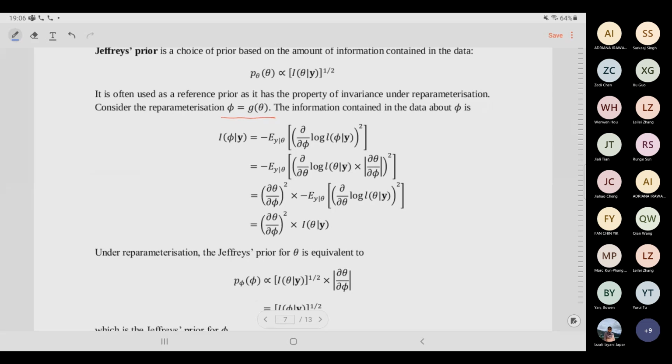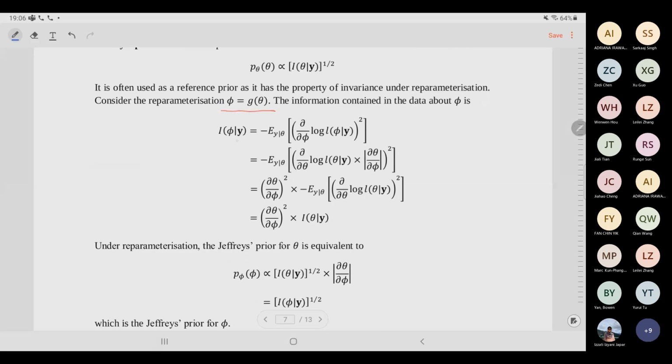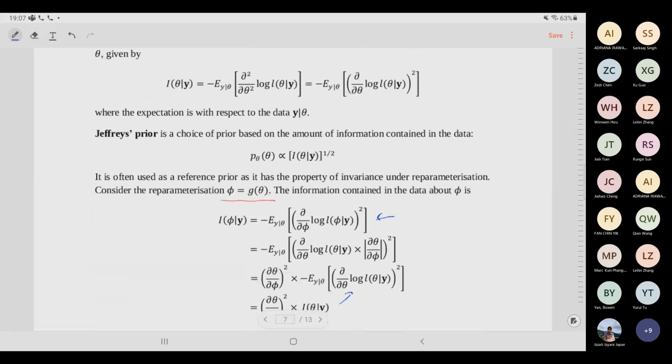Okay, and then if you look at the Fisher information for phi, this is the definition of the Fisher information for phi. Phi is a transformation of theta, so you have the log likelihood in theta here, and then you have the Jacobian. Then you can take this out, and this is actually the Fisher information for theta.